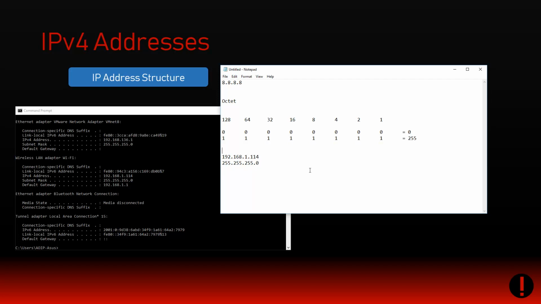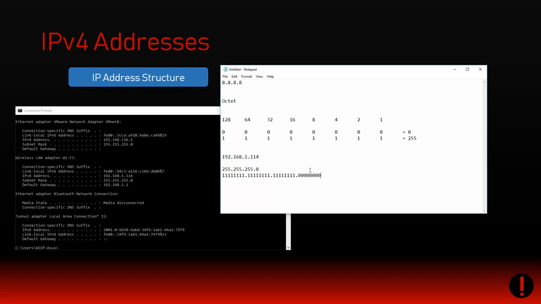There it is. So this written in binary is actually 1, 2, 3, 4, 5, 6, 7, 8, four times over. That is what the subnet mask would look like in binary.